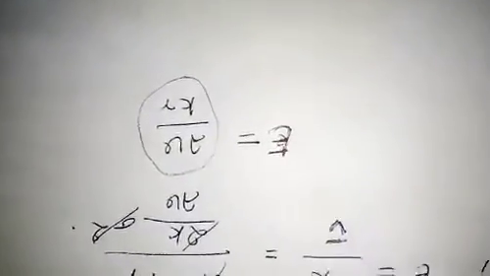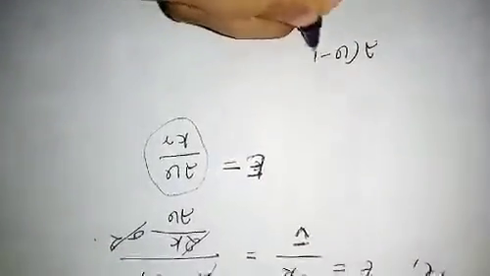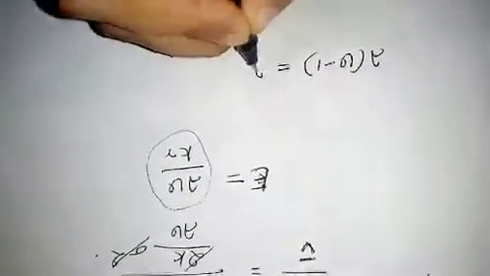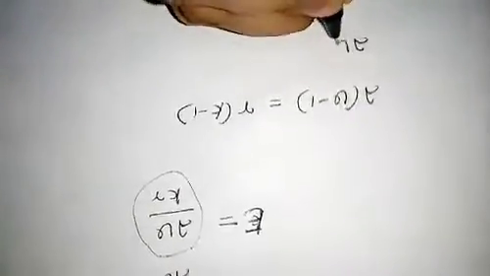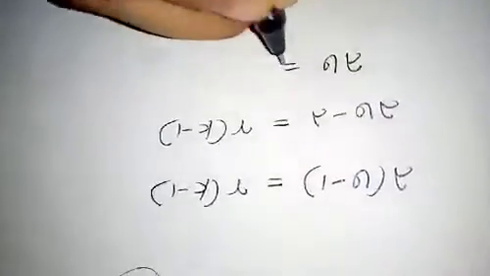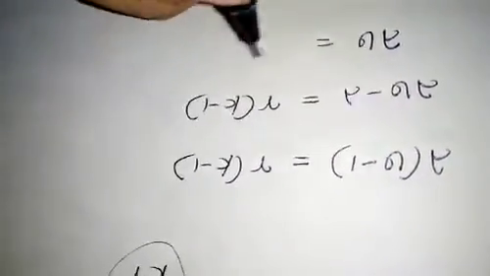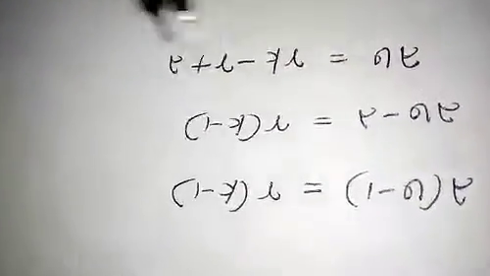For that we can use the second relationship between the parameters, that is lambda V minus 1 equal to R K minus 1. So lambda V minus lambda equals R K minus R. So take lambda V equal to R K minus R plus lambda.